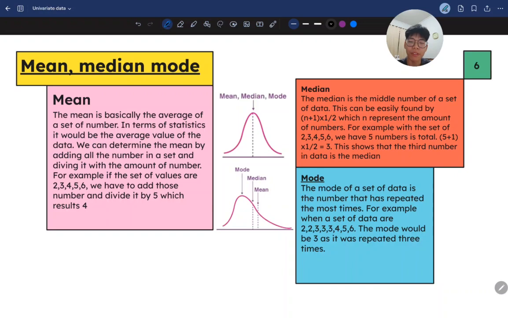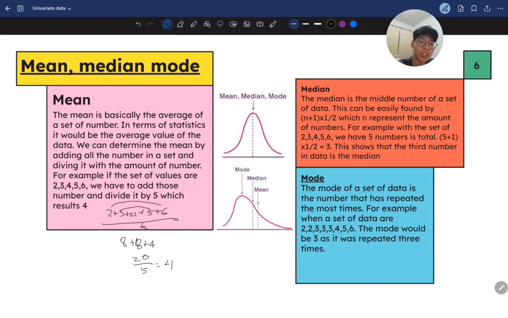For example, if a set of values is 2, 3, 4, 5, 6, we add all those numbers and divide by 5, which results in 4. Since 2 plus 6 is 8, and 3 plus 5 is 8, 8 plus 8 plus 4 is 20, divided by 5 is 4.